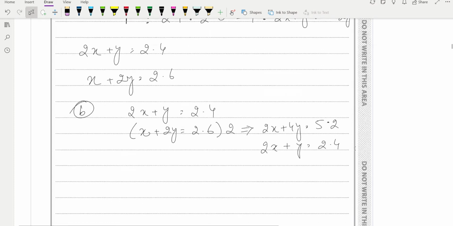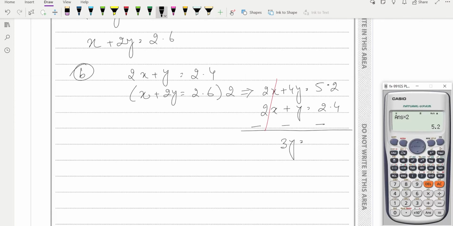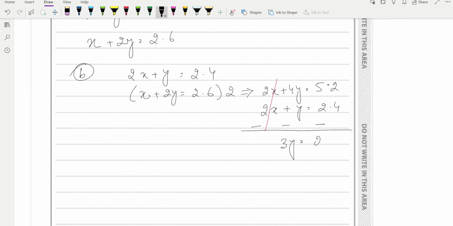Now we can simplify: this will be subtracted, so change the sign. After changing the sign, we can cancel these two, and the rest we can write down. 3y is equal to 5.2 minus 2.4, which is 2.8, and we can calculate the y value.